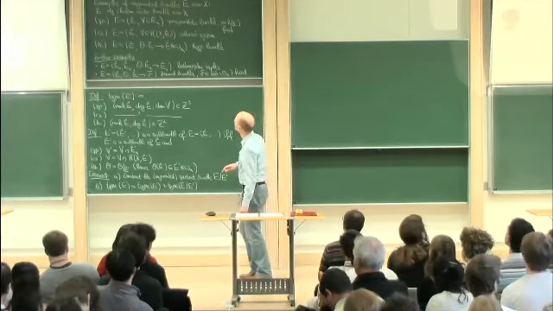For Higgs, in the Higgs case, the condition is just to commute with the Higgs fields, with the two Higgs fields. So in this case, let me write it down first.